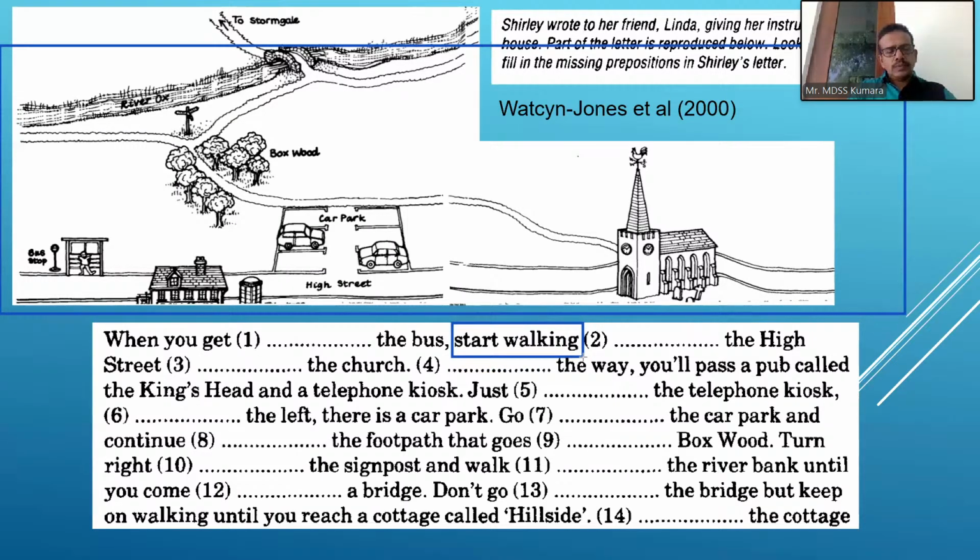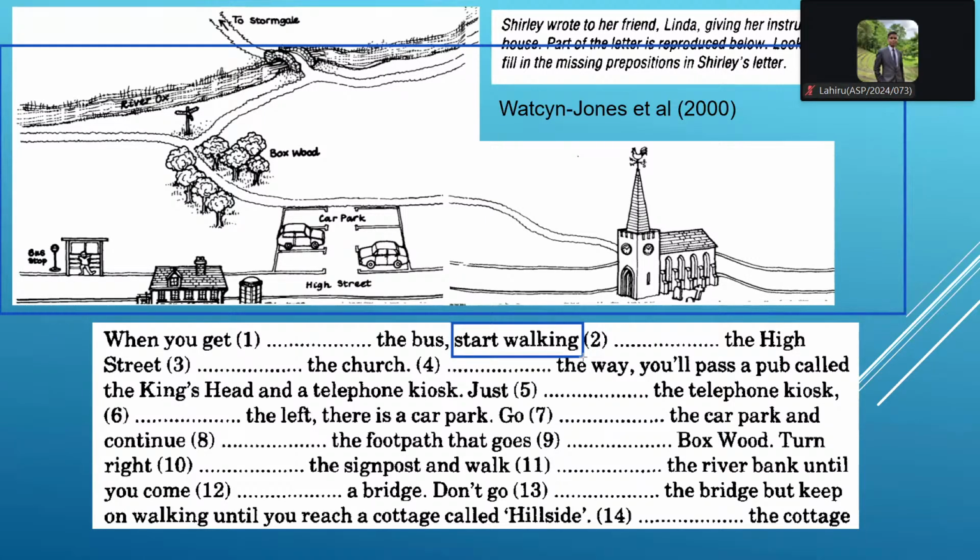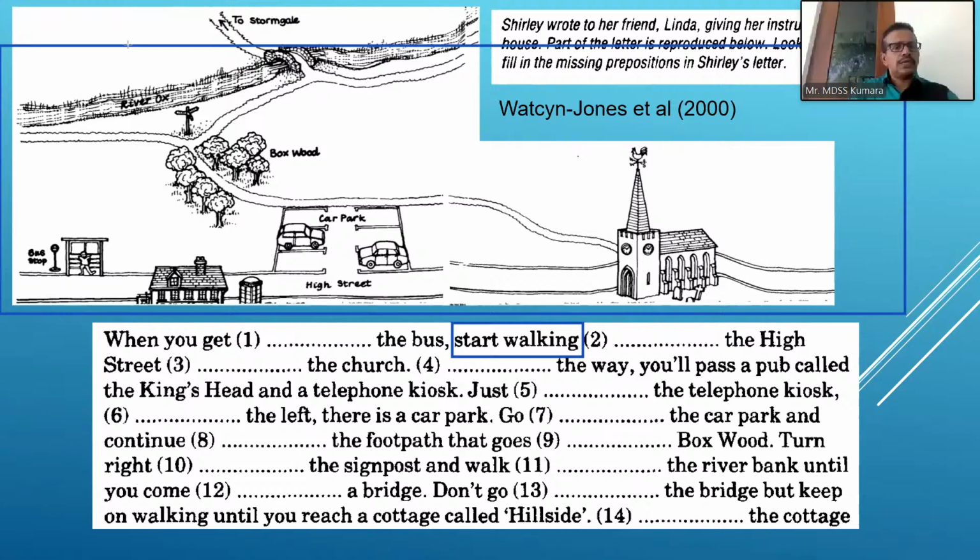When you get blank the bus, comma, start walking. What is the preposition that we have to use for the first blank? Off? Yes. Get off. Yes, we can use get off.